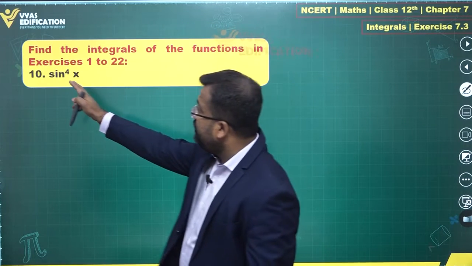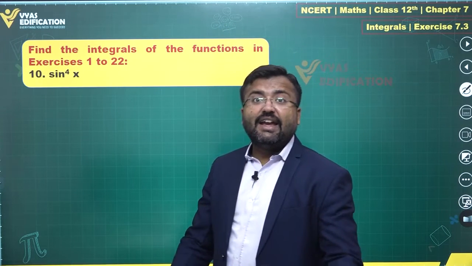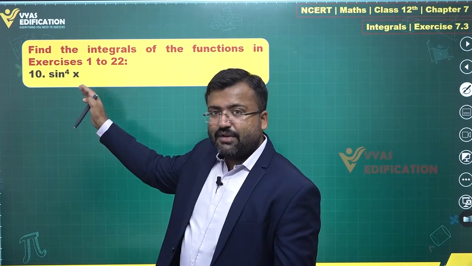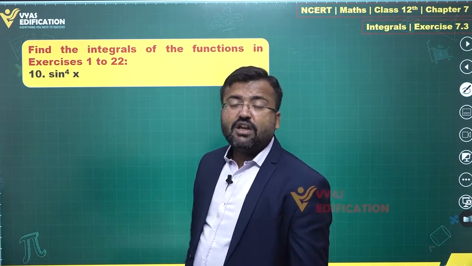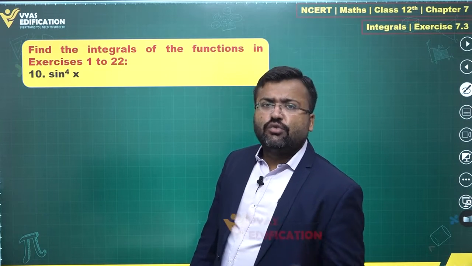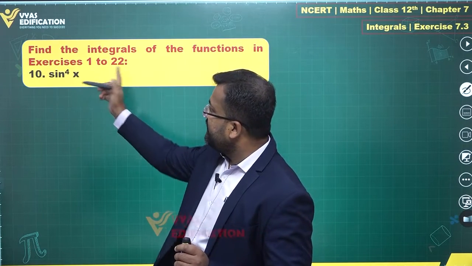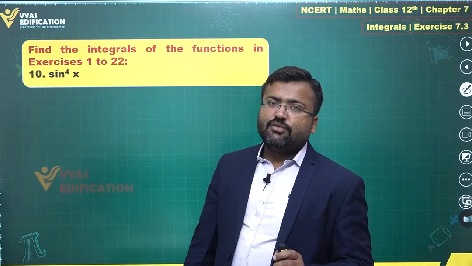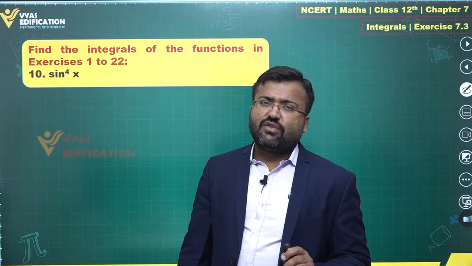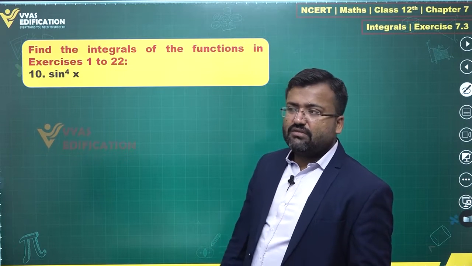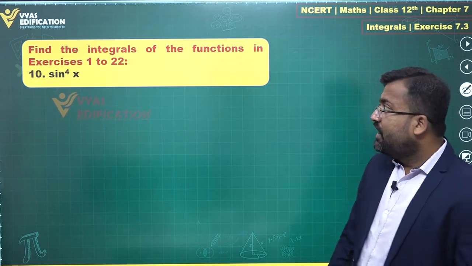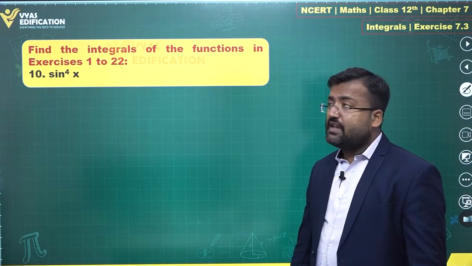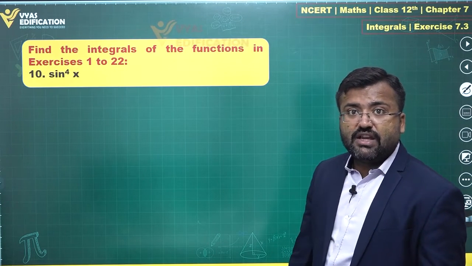Had this been an odd power, like sine cube x, we could write one sine x separate, and the remaining sine square x can be written in terms of cos square x, and I can substitute cos x equal to t. Here if I take one sine x separate, I will be left with sine cube x. Converting sine cube x in terms of cos x will be difficult, and after that substitution will make things complicated.